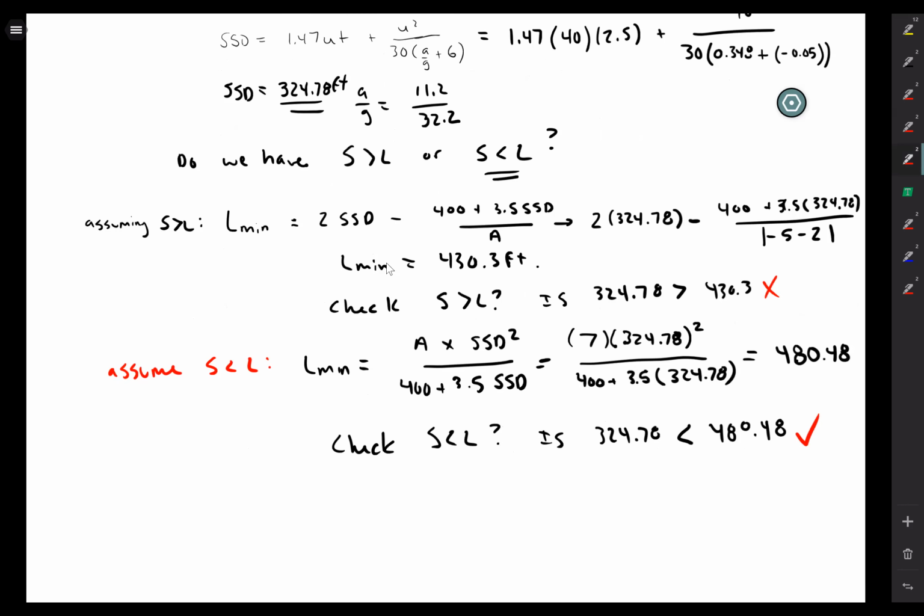Again, just to illustrate what's going on, we've got a curve, a point of vertical curve and a point of vertical tangent, and we're saying that the stopping sight distance is happening within the confines of the point of vertical curve and point of vertical tangent.